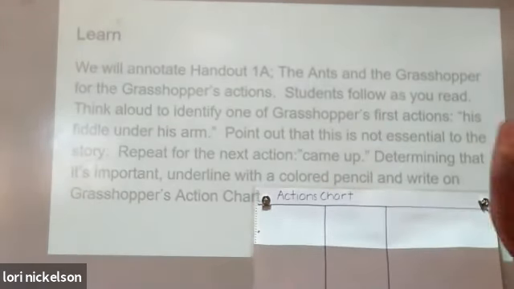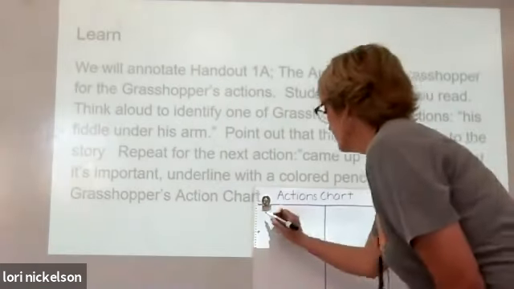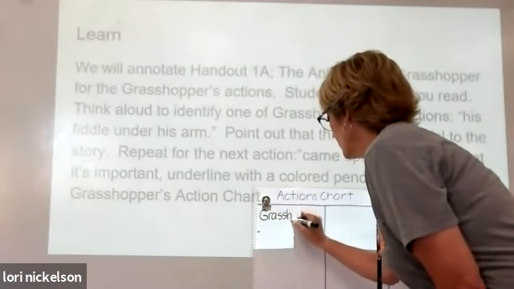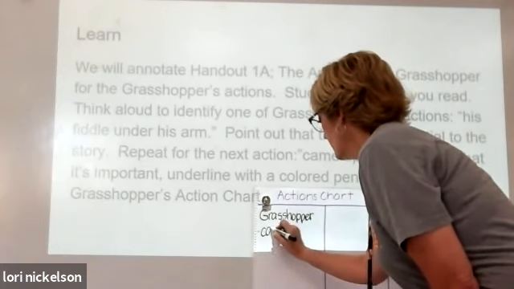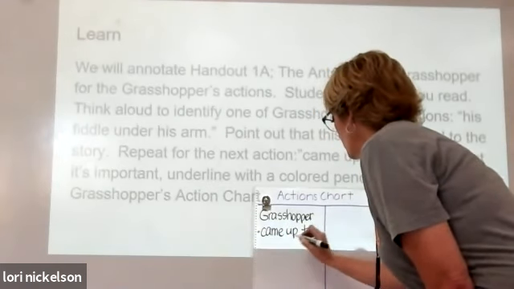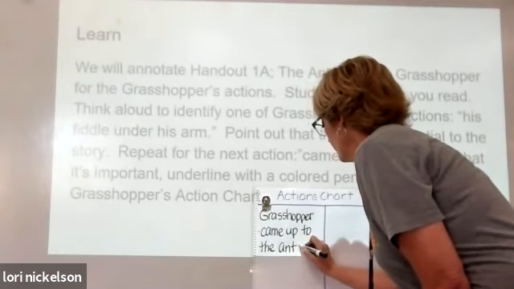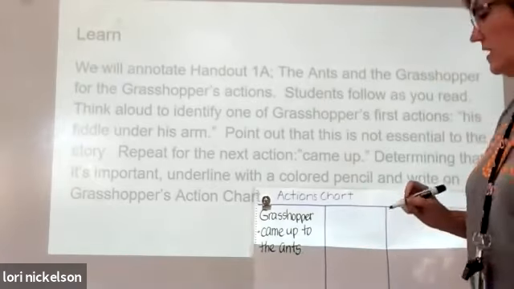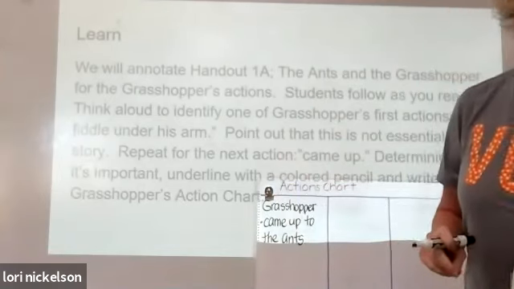So I'm going to write on here, Grasshopper came up to the ants. That's one of his actions, right? That he came up to the ants. So I've got that on my chart.